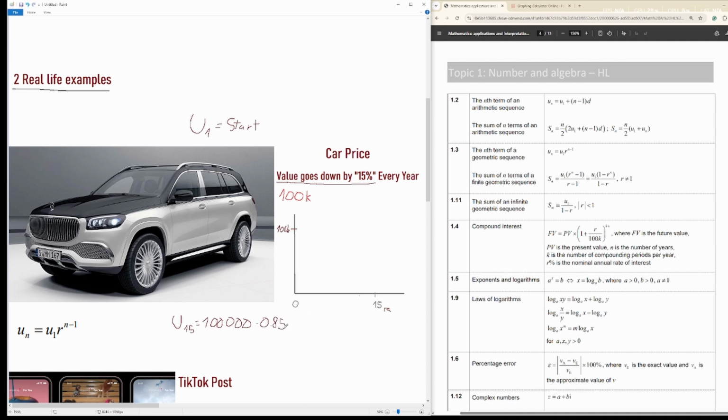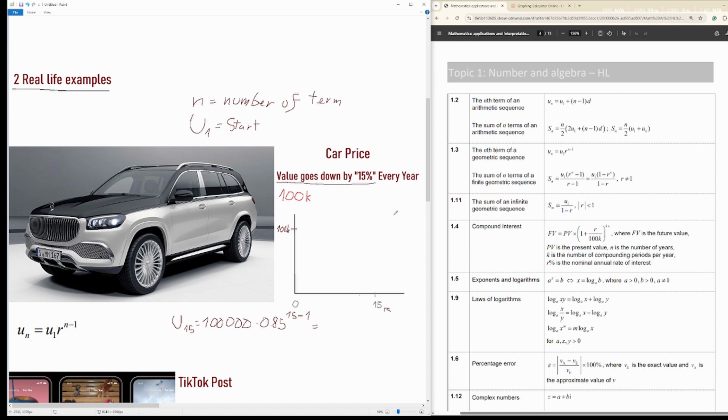And then n, just to make sure you remember from the previous lesson, is the number of the term, and it's usually a time period. As we're searching for the 15th year, we put it to the power of 15 minus 1, because that's the formula.